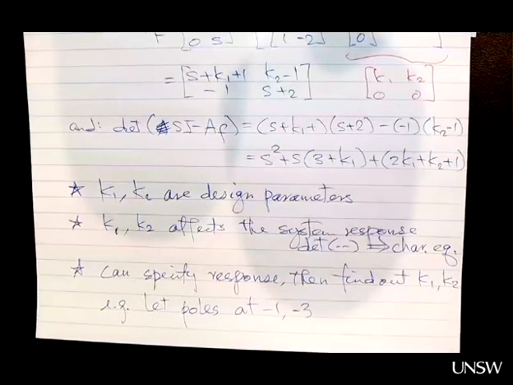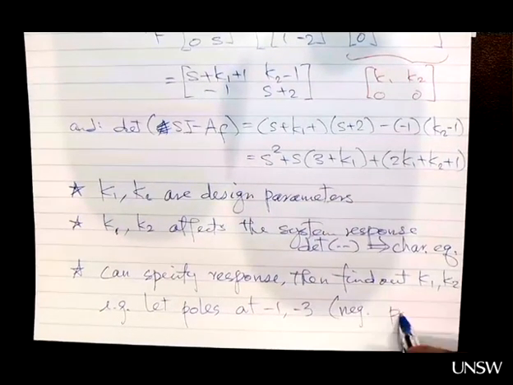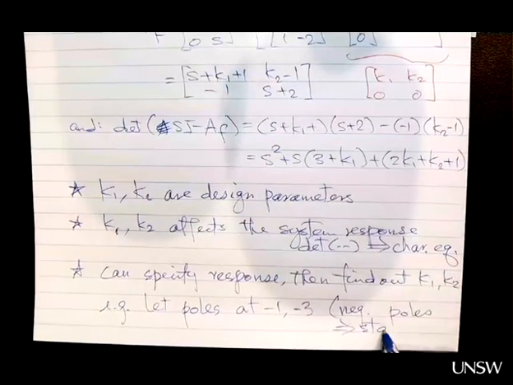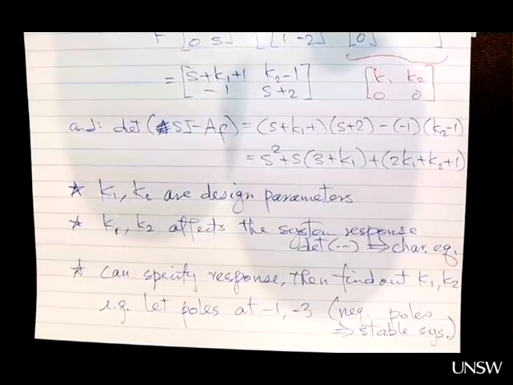So we have negative poles, and then it must be a stable system. And where to put the 1 and 3 is also a design decision.